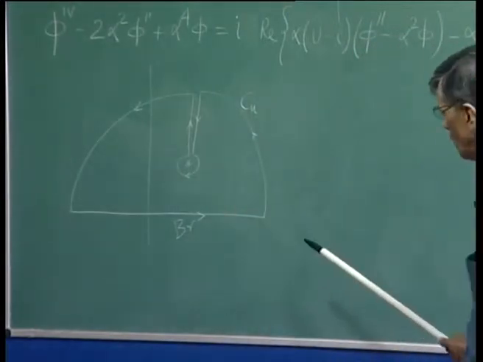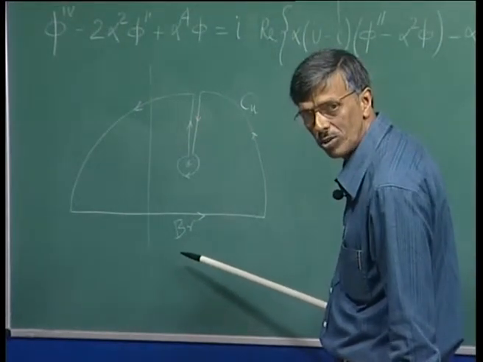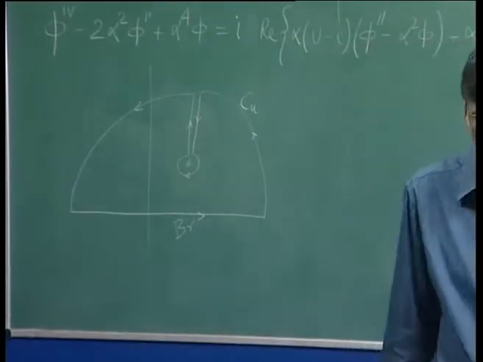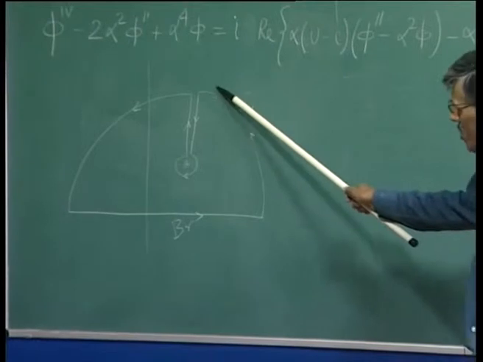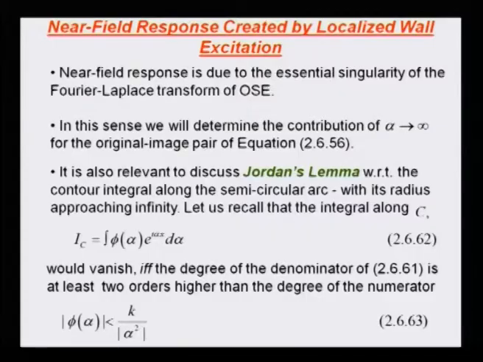Now, when we say that the contribution coming from the Bromwich contour is equal to the sum of the contributions coming from the residues at the poles, that is where we assume that the contribution along the semicircular arc is 0. And when we do that, that is what we call Jordan's lemma. Well, I jokingly call it Jordan's dilemma, because it so happens that in this particular case, you will see that it is not always given that this quantity will be equal to 0.